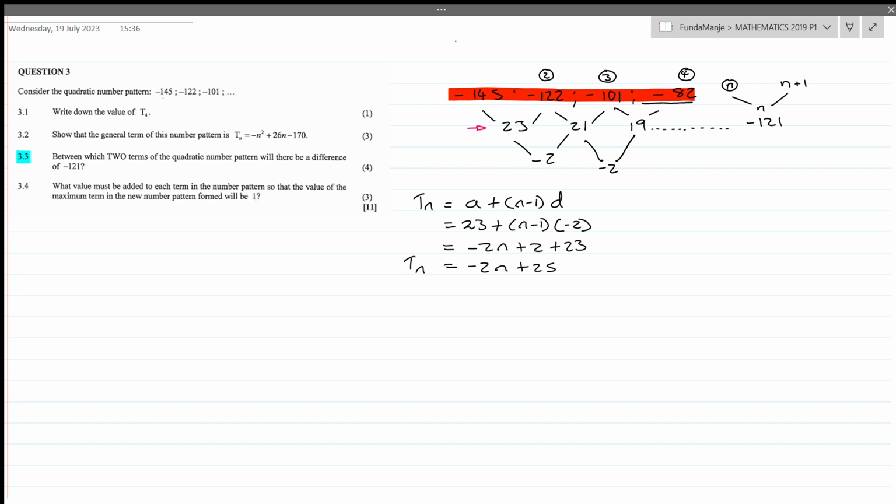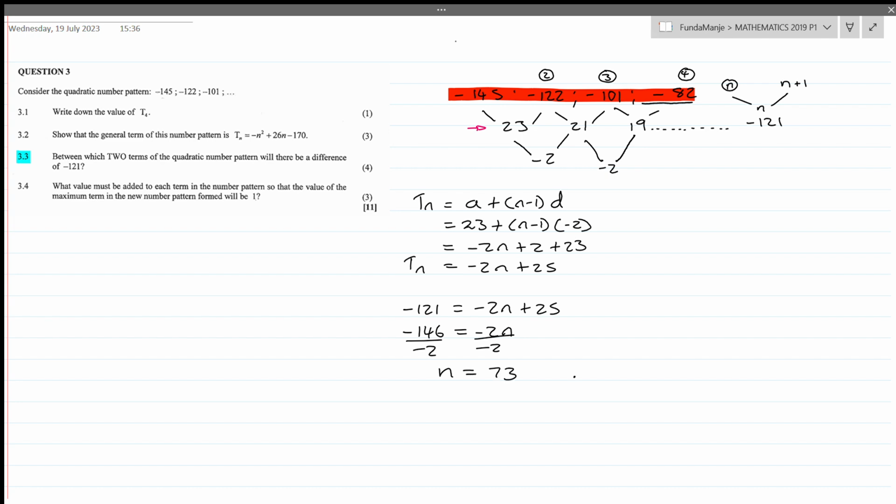So replacing Tn, which is the value, with minus 121, we get this is equal to minus 2n plus 25. You can move your 25 to the other side and you will get minus 146 equals minus 2n, or divide by minus 2 on both sides. We get n is equal to 73.